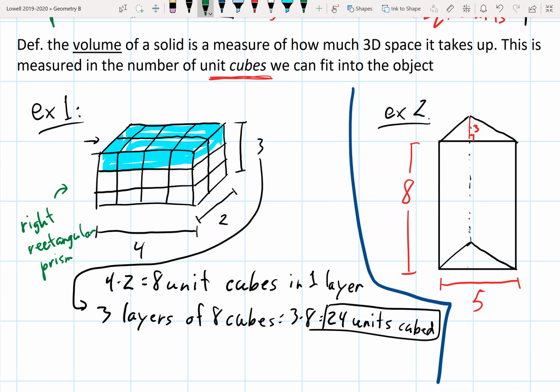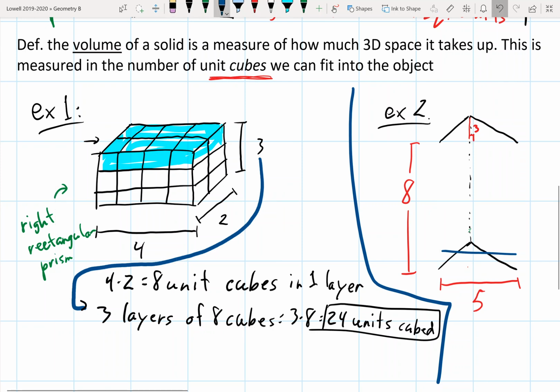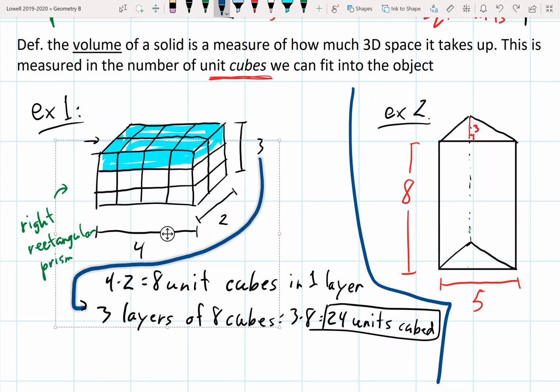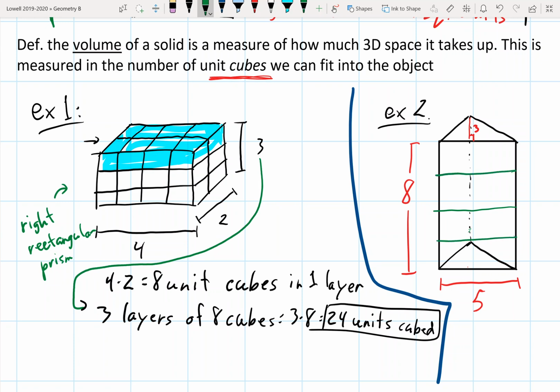In this case, with the triangles, I do want to make sure I'm chopping up the layers this way with a height of 8. Okay, so let's see. Chop in half, therefore. Chop in half again, and then again. Okay. So we know that each of these is 1 layer, and there's 8 of them.